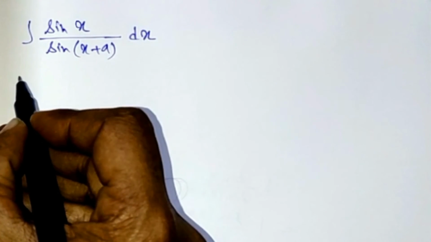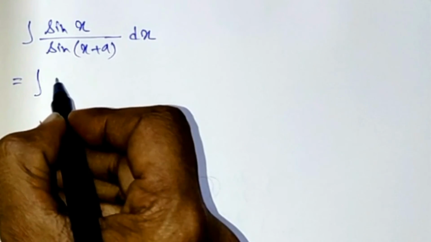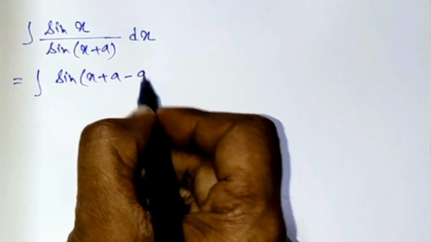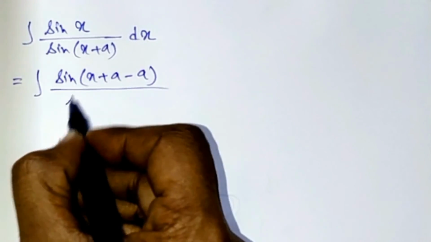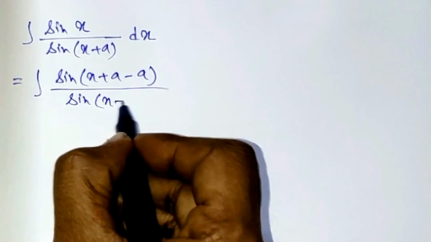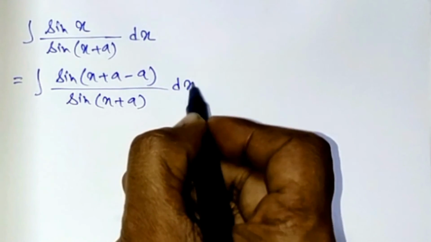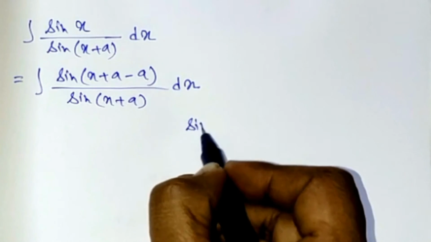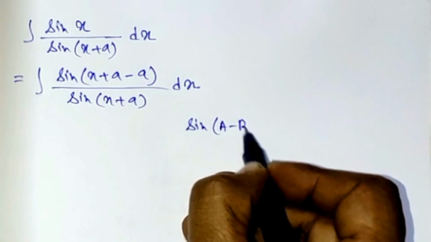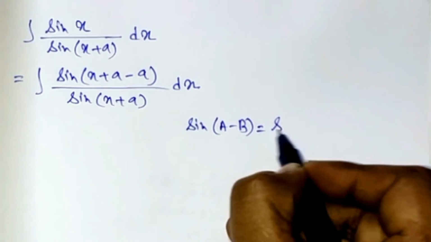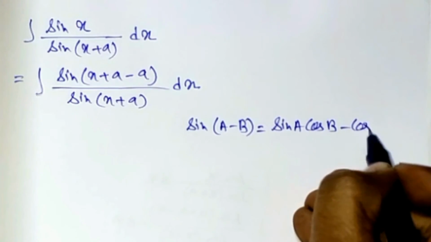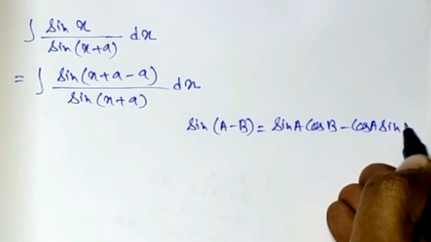At first, write sin x in the form of sin of x plus a minus a, divided by sin of x plus a dx. Now we can apply the formula sin of a minus b, which is equal to sin a cos b minus cos a sin b.